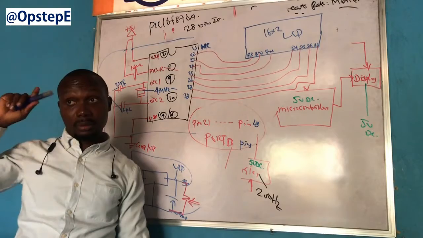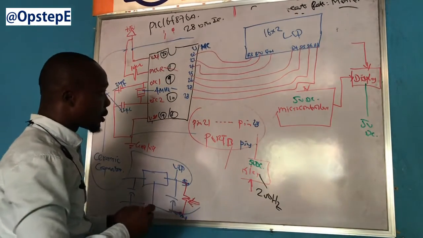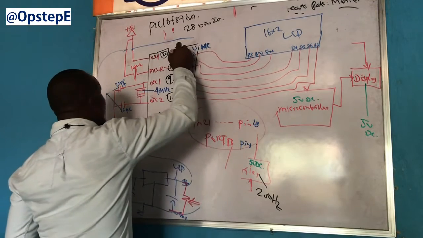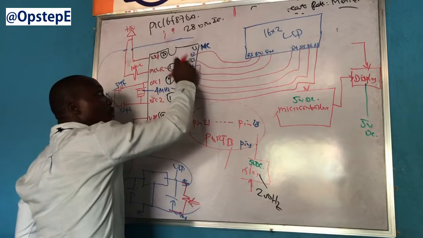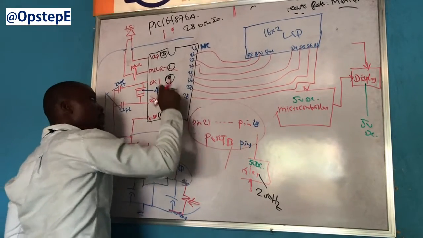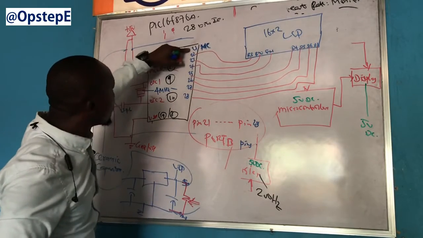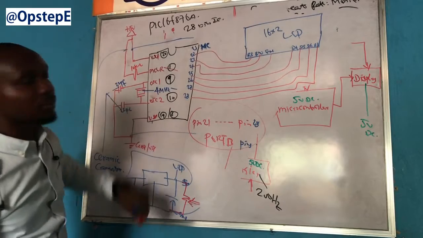You get it? So you can call it, let me write this. This one is going to be your port B bit 0, bit 1, bit 2, bit 3, bit 4, bit 5, bit 6, bit 7.